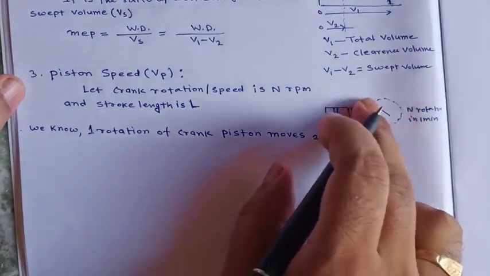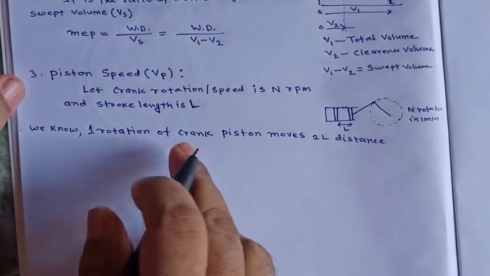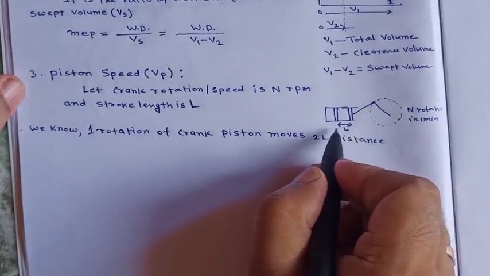For one rotation of this crank, the piston will move 2L distance.